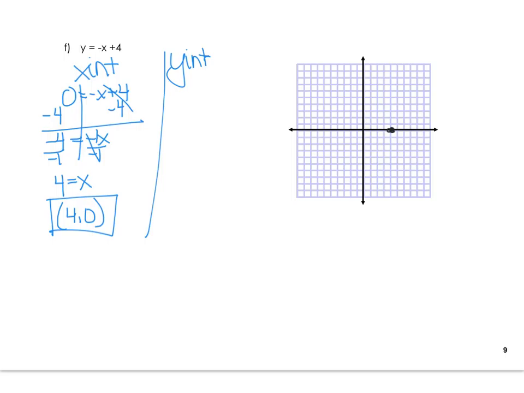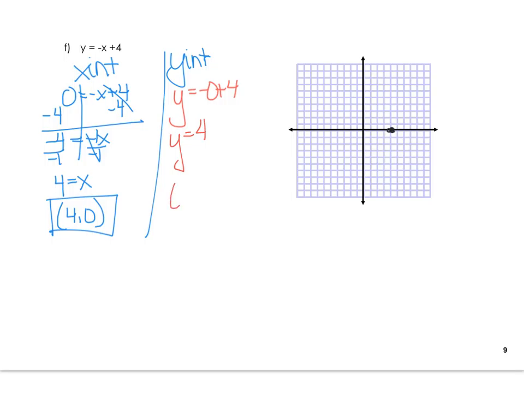Now let's go ahead and find the y-intercept. Y-intercept for these ones are super easy. Y stays. Everything else that's not y becomes a 0. So now all I have are some numbers on this side. So let's go ahead and figure out what is negative 0 plus 4. Hopefully you guys are telling me it's 4.